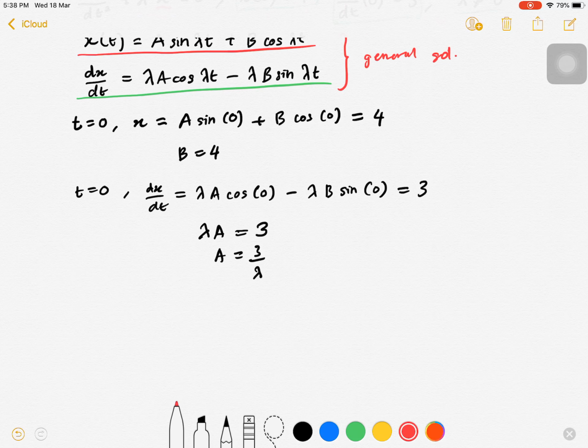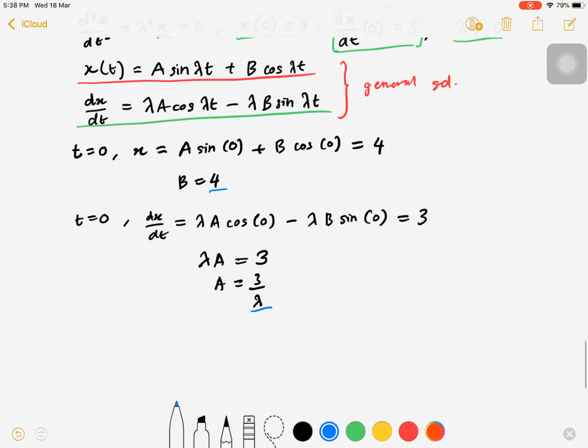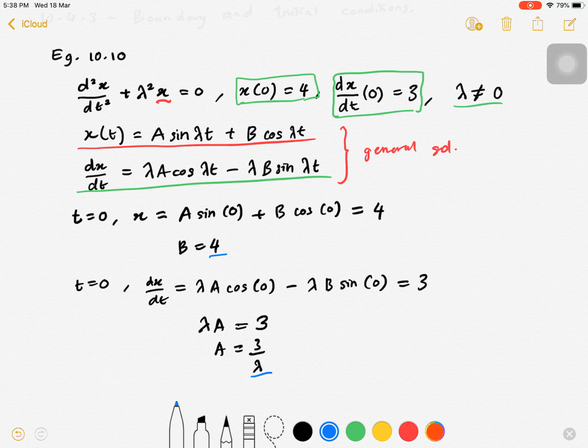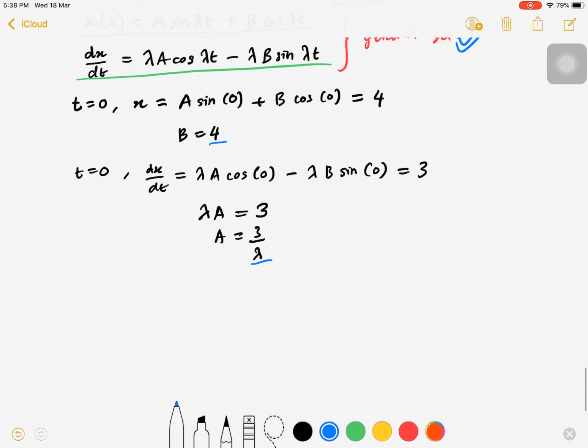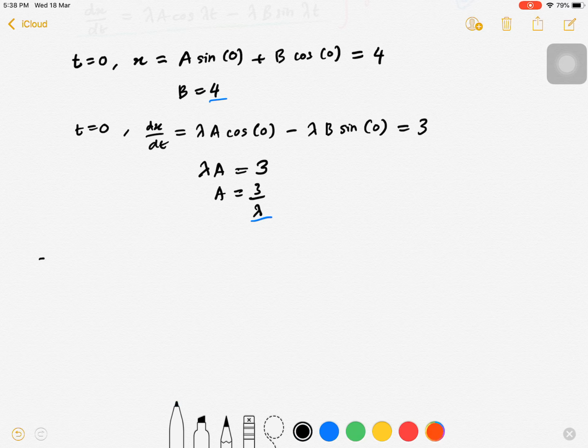So we can put these values inside the equation right here, and we will get that x(t) equal to 3 over lambda sine lambda t plus 4 cos lambda t.